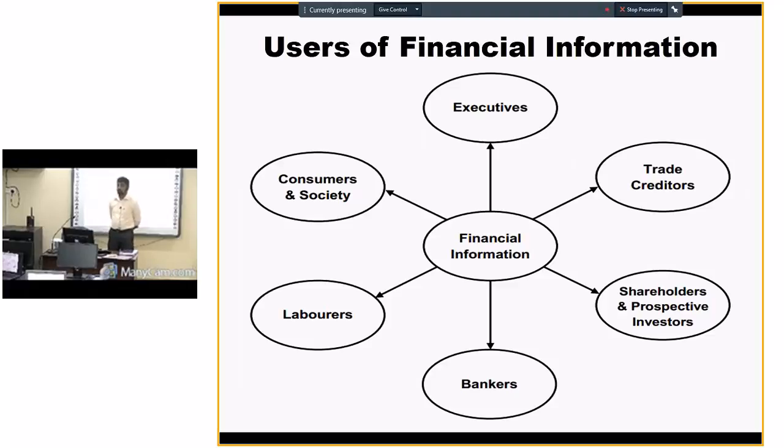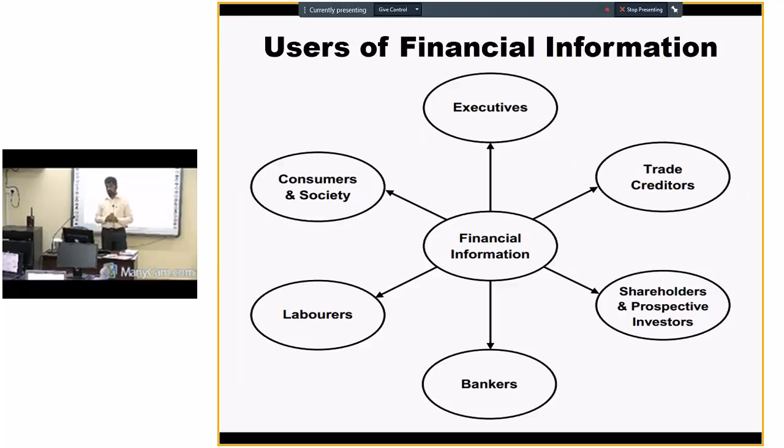Trade creditors are always concerned about the financial situation and performance of the business, and other qualitative changes. For example, the direct changes are very important for the future of the organization. Bankers are also concerned before providing loan facilities and other credit facilities.